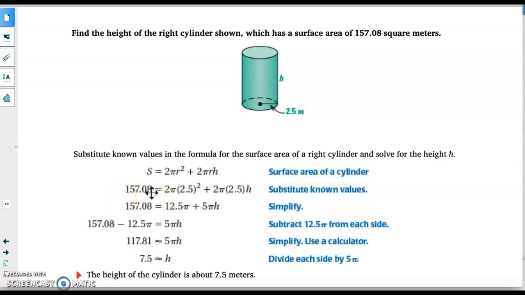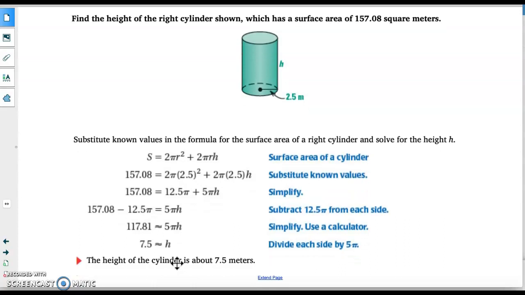I know that the radius of my circle is 2.5. That was given. I know pi. And so I'm just plugging in the radius here and here, and then I'm going to solve for h. When I plug everything in and solve for h, I get that the height is approximately 7.5 meters.